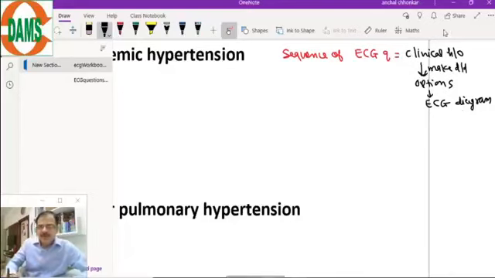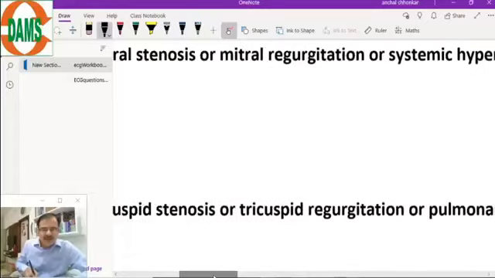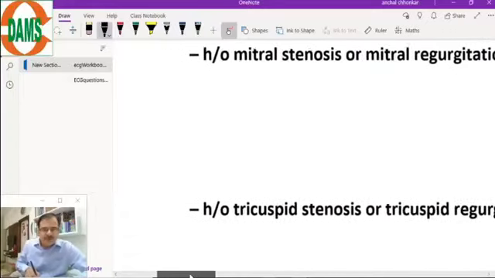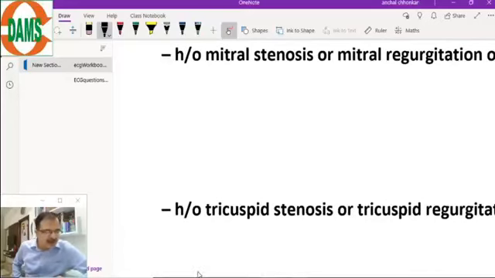So with this, the second P wave abnormality, the clinical history is given to you. The clinical history is a history of mitral stenosis. How will you diagnose mitral stenosis?